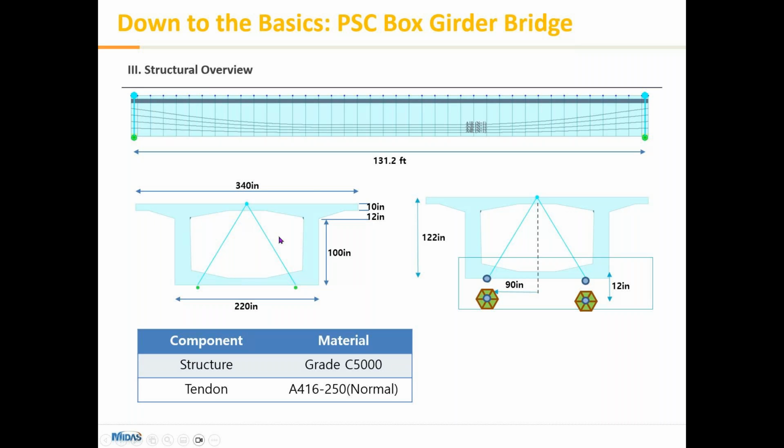So this will be the cross section of my particular bridge. This will be the position of my elastic links and the supports. The grade of concrete that we will be using will be C5000, and the tendon we will be modeling with respect to A416 250. So in this way, the box girder will be modeled.